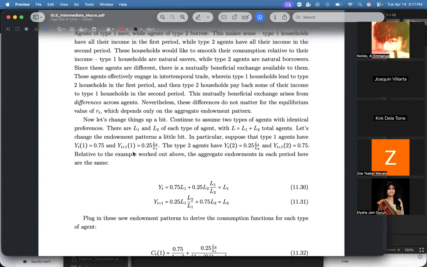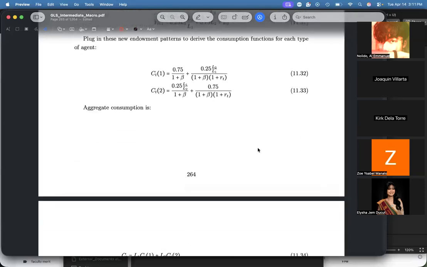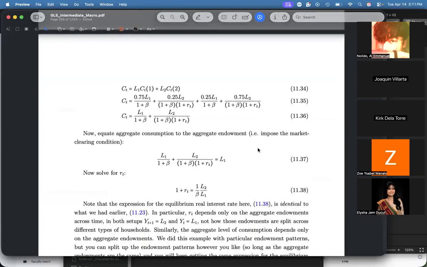You can redistribute income between type 1 agents and type 2 agents. So here, it's no longer 0-0. Type 1 will have most of its income here, and type 2 will have relatively small income in the current period. But still, that doesn't change your IS curve and your total savings.